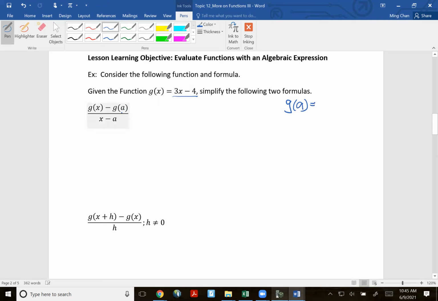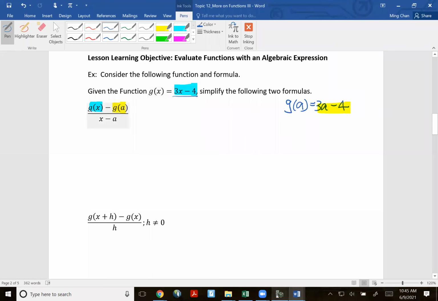Instead of having x as the variable, I now substitute a, so that gives me 3 times a minus 4. So when you see g of a, you put this in, and when you see g of x, you substitute with that.